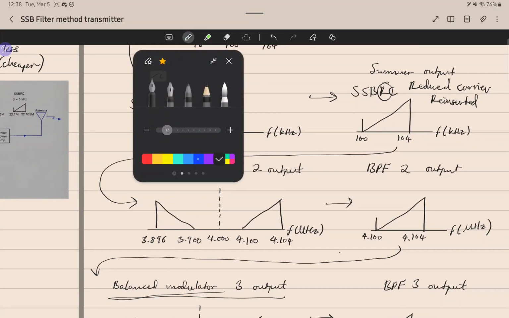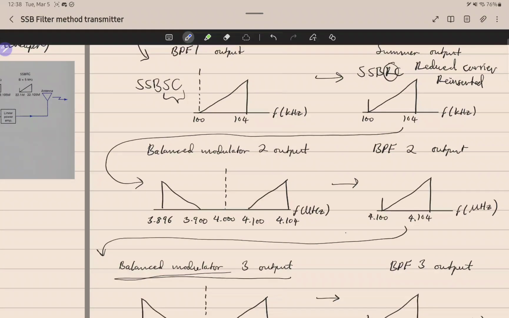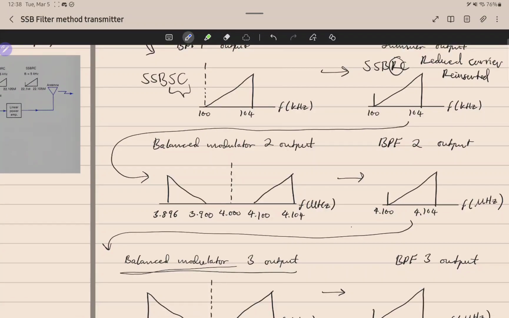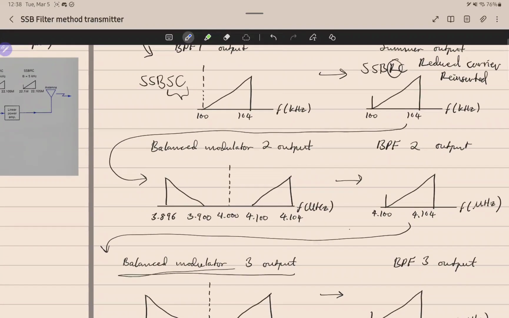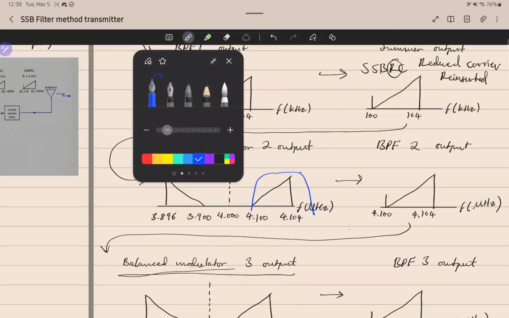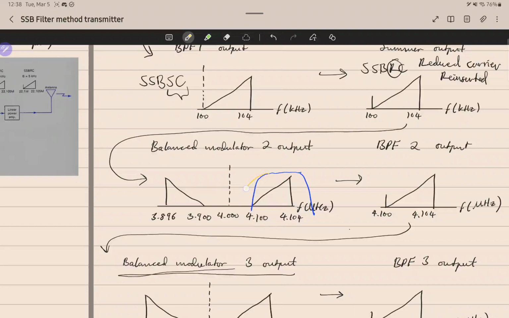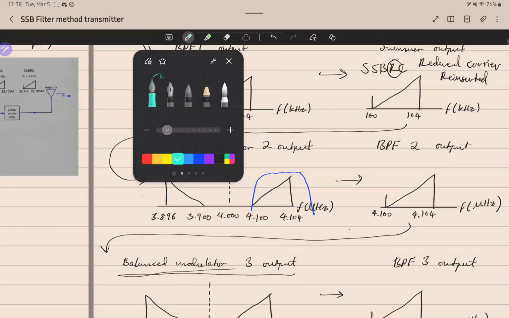What do I mean by soft? A hard bandpass filter, you can think of an ideal bandpass filter as like a box, right? So it's very hard here. Of course, ideal bandpass filters don't exist. They always have some sort of curve to them. So something that looks like this is a hard bandpass filter, right? But if you have a more relaxed slope, for example, like this, maybe I'll get a better color, maybe turquoise.